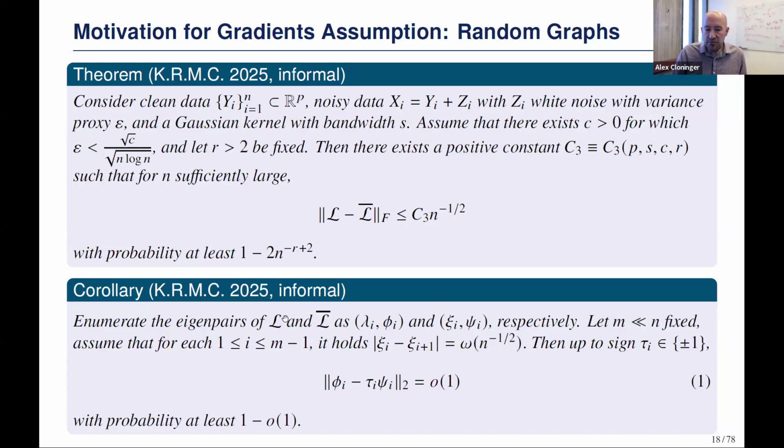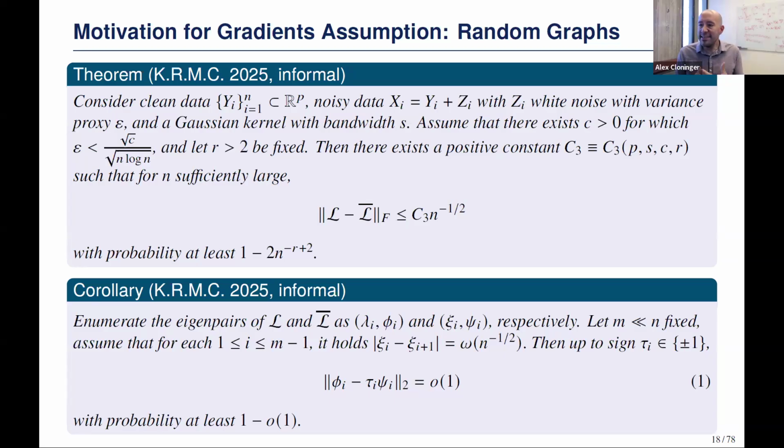If you had eigenfunctions of your real Laplacian, and you had eigenfunctions of your nice unknown Laplacian, and we assume that for the first few eigenvalues there's a little bit of a spectral gap, which is hard to prove but is actually a common assumption that is empirically true, then it turns out that the eigenfunctions of your noisy Laplacian and of your true Laplacian are going to agree with each other quite nicely.